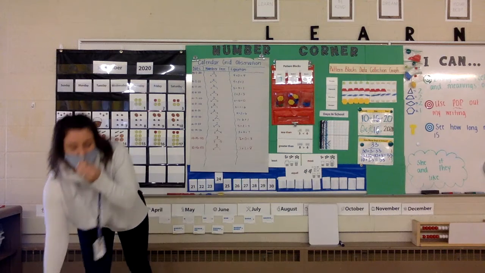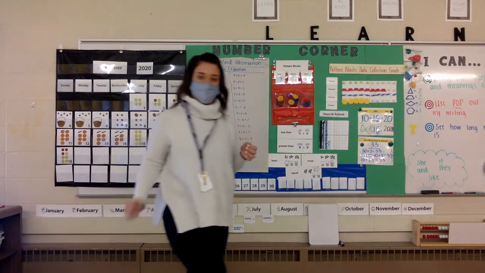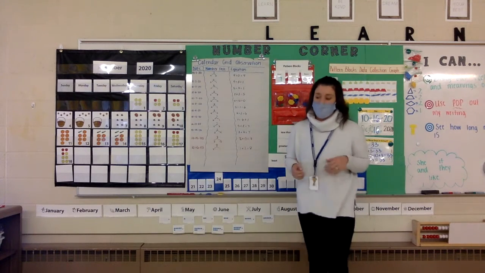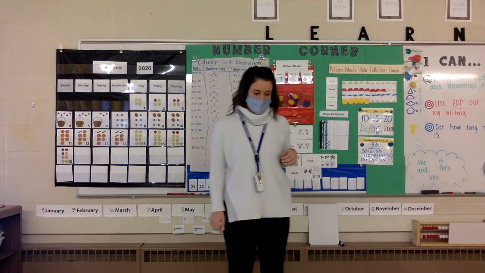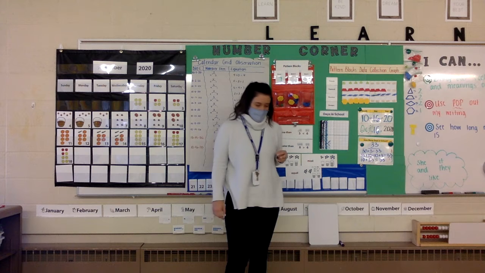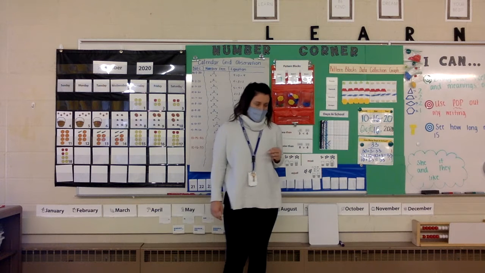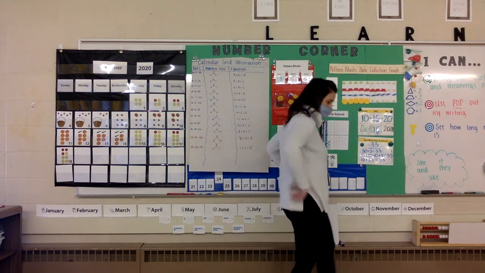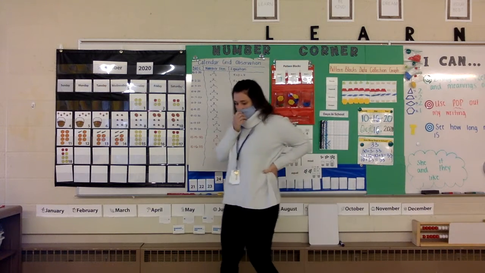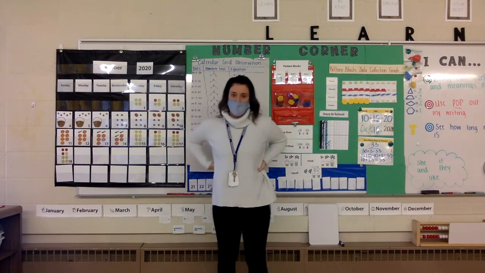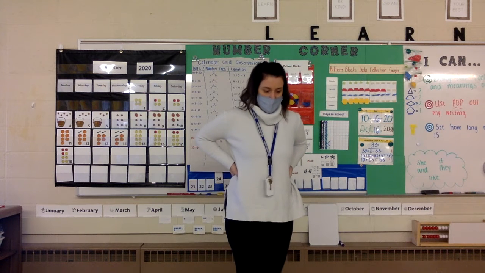And then at home, I want you to be thinking about what is underneath that square. So if you have a piece of paper, you can draw on a piece of paper at home or just think about it in your mind. I'm going to give you just maybe about 30 seconds, so try to draw kind of quickly. Remember, draw your picture and your number.